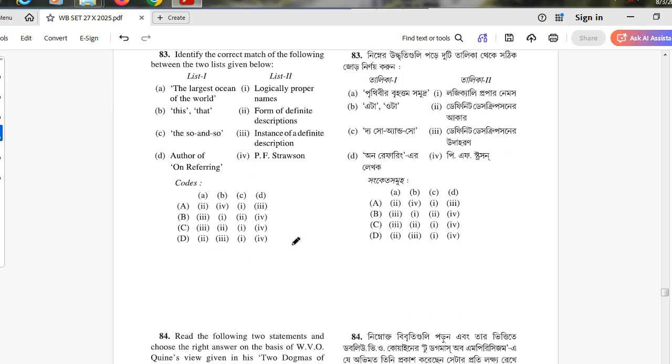Question 83, the correct answer is option B: A3, B1 logical proper name, this, that, and C2 logical description, and on referring P.F. Strawson.